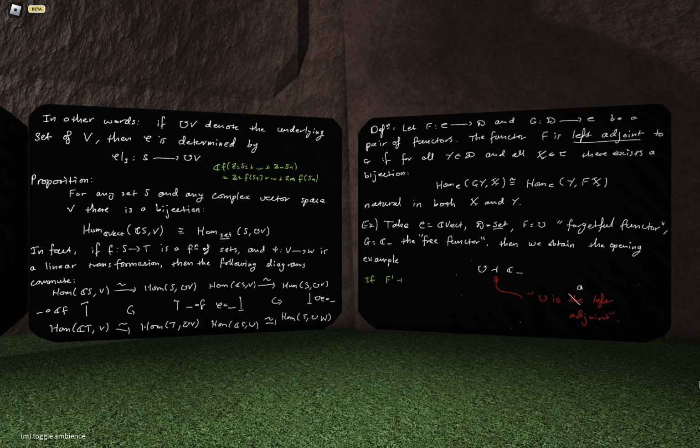Okay, let's work in the general definition. So using the notation of the definition that I gave at the top of the board, if F prime is also left adjoint to G, then there exists a unique natural transformation eta from F to F prime. And I suppose this has to make a certain diagram commute.